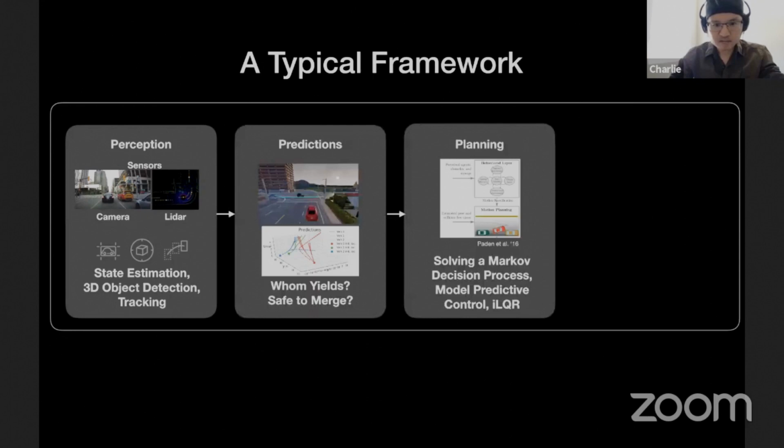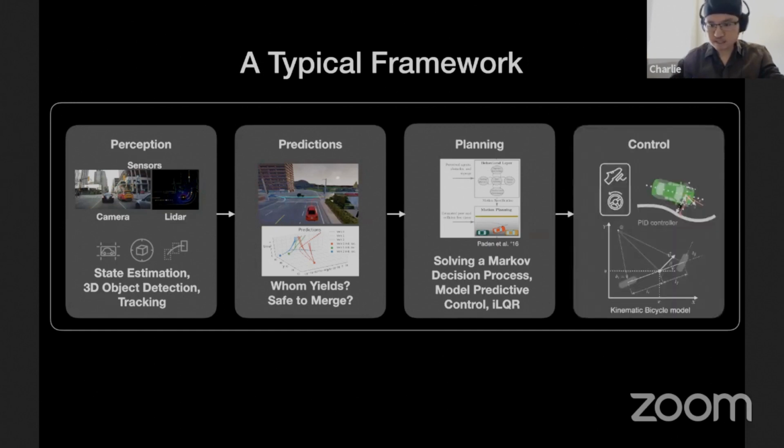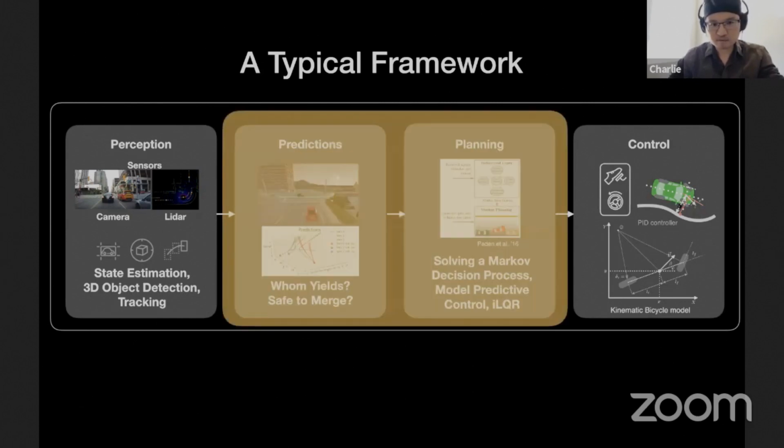Then you'll have the state of the world formulated for you, and then you'll do predictions, followed by planning, and then in the end you have the controls. So that's the typical framework, and for the sake of this talk, we're going to assume that perception is really good, almost perfect. And we're going to simply focus on the predictions and planning part.